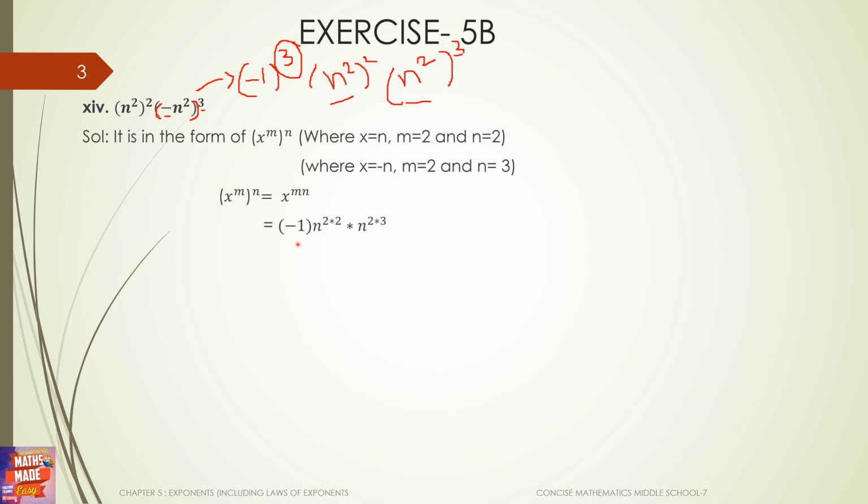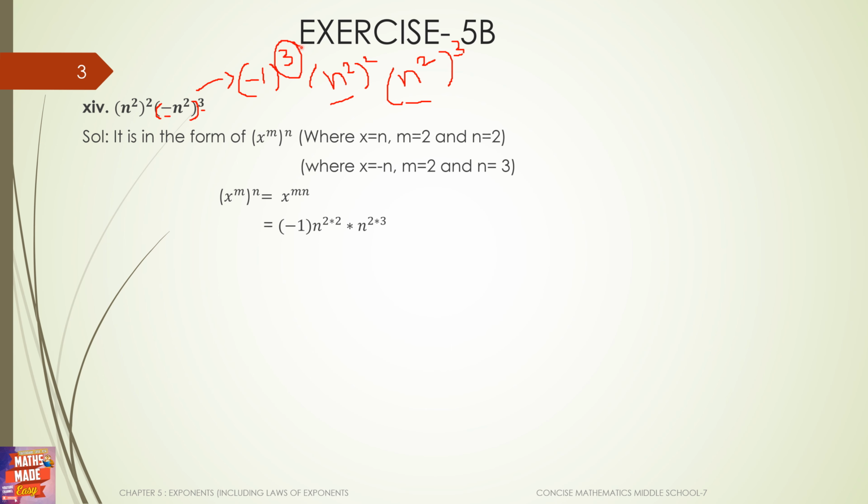Then it will be n to the power of 2 into 2, into n to the power of 2 into 3. Now, since it is minus 1 cubed, that is minus 1 into minus 1 into minus 1, the power is an odd number.